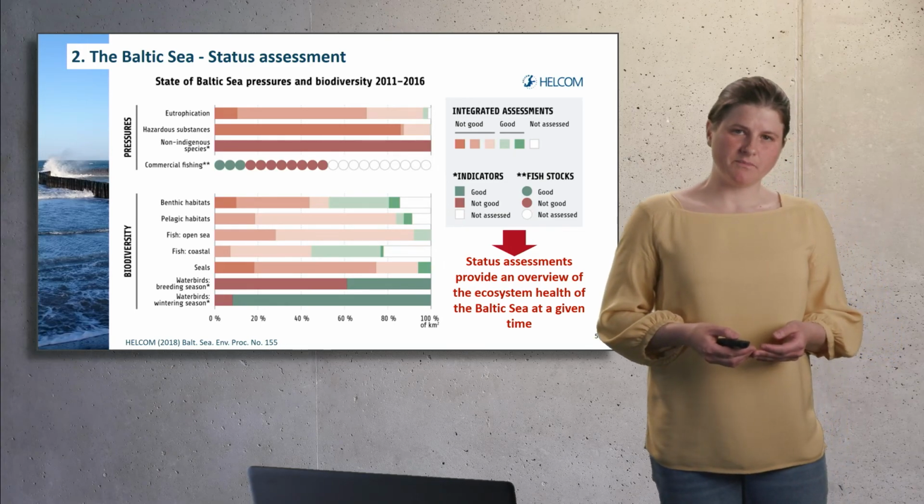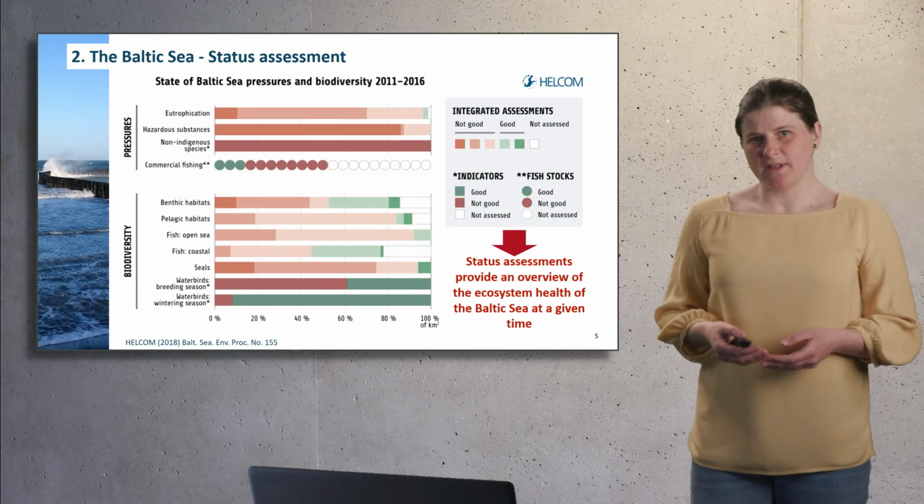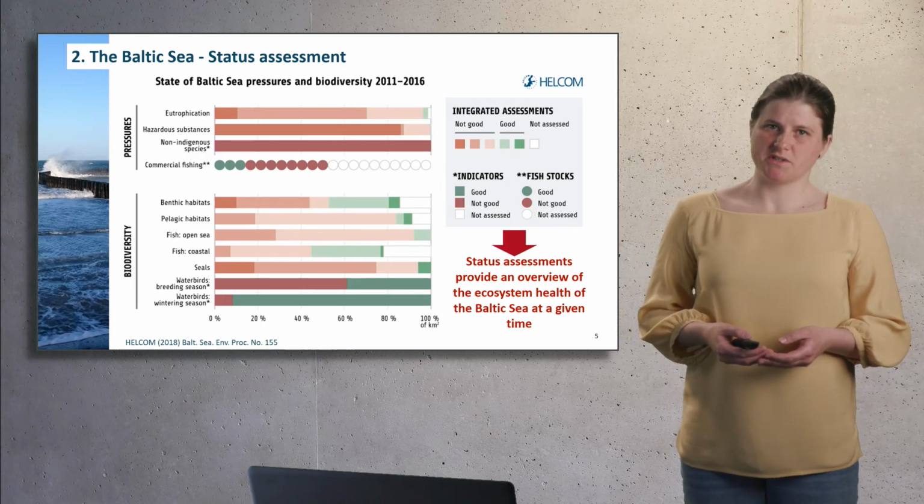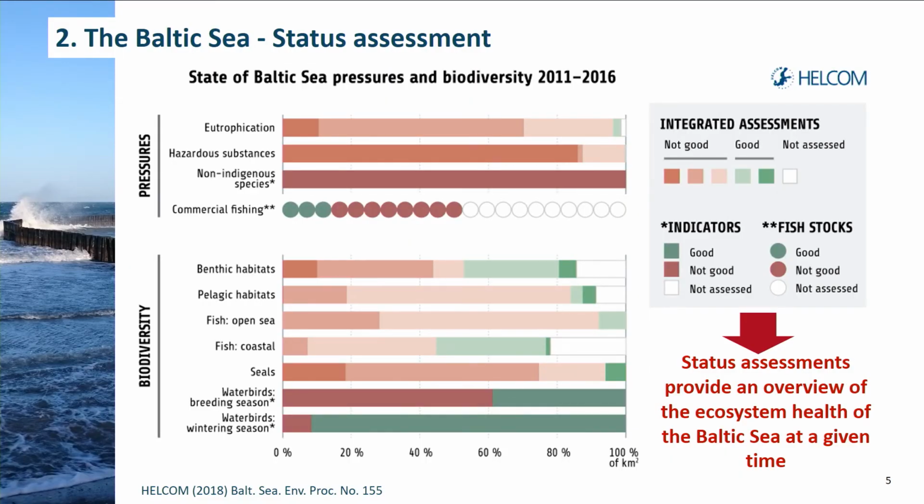In this figure, the summary of the last assessment for biodiversity indicators and pressures is shown in relation to the Baltic Sea area as percentage of square kilometers on the x-axis. For most of the biodiversity indicators and pressures, the results are based on multiple indicators, as for example for eutrophication in the first line. But results can also be based on a single indicator, as for example commercial fishing.